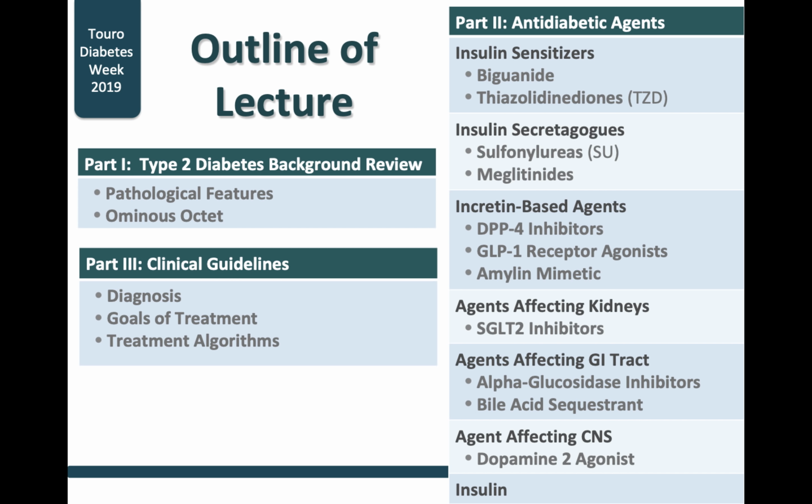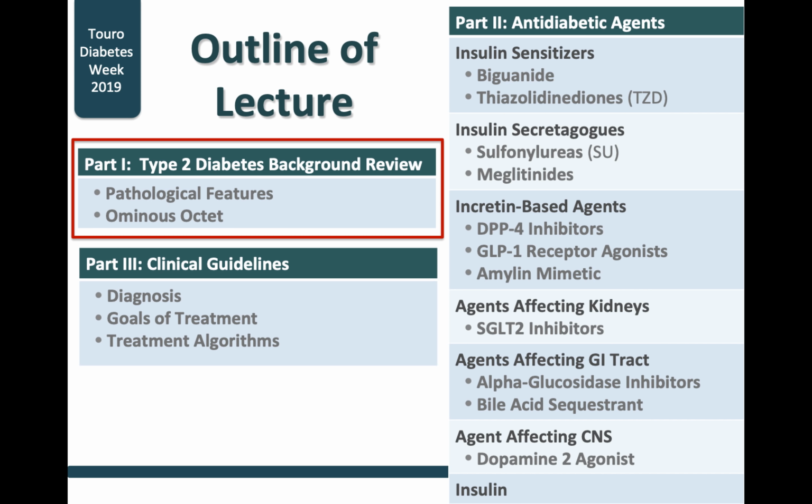How do we diagnose type 2 diabetes, what is the goal of treatment, and also the algorithms. And I'm sure Dr. Schubert has talked about this, so I won't spend a lot of time, but I just want you guys to get a sense of how all these drugs fit into the treatment guidelines.